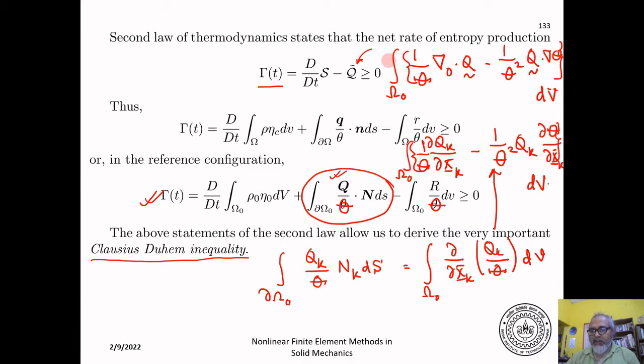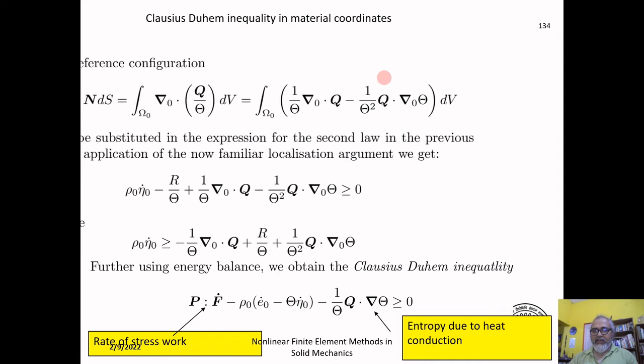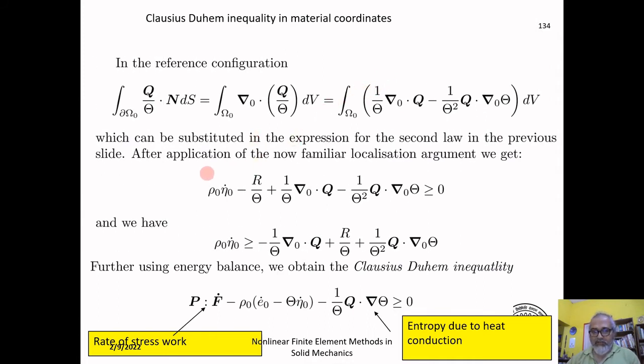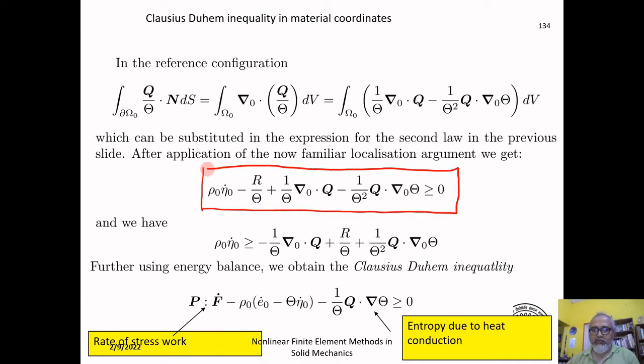So I can now apply the localization theorem and state that this whole thing has to be greater than or equal to 0, which means that rho naught eta naught dot has to be greater than or equal to this part taken to the right hand side.